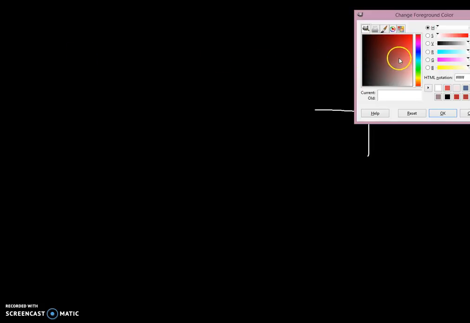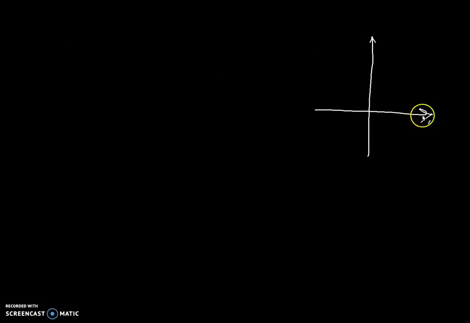Basically, if you had an angle, let's say this is x and this is y, and you had an angle something like this, then this is an obtuse angle because it's greater than 90 degrees.